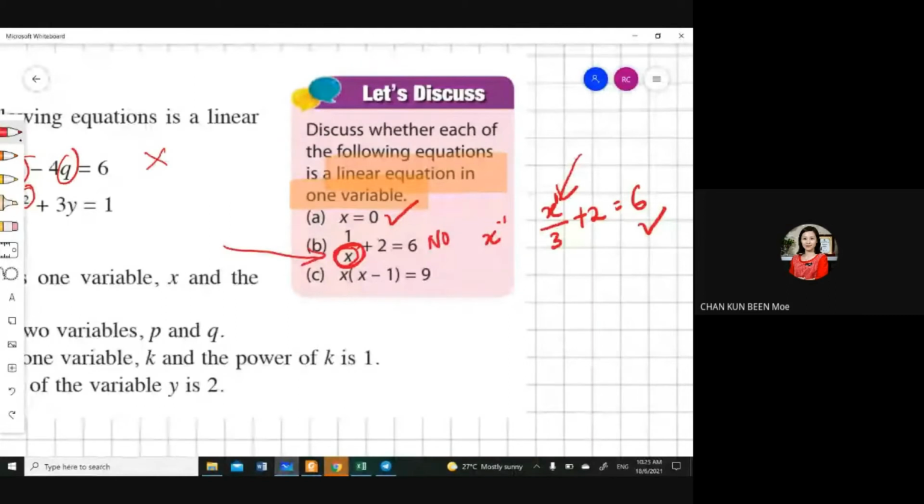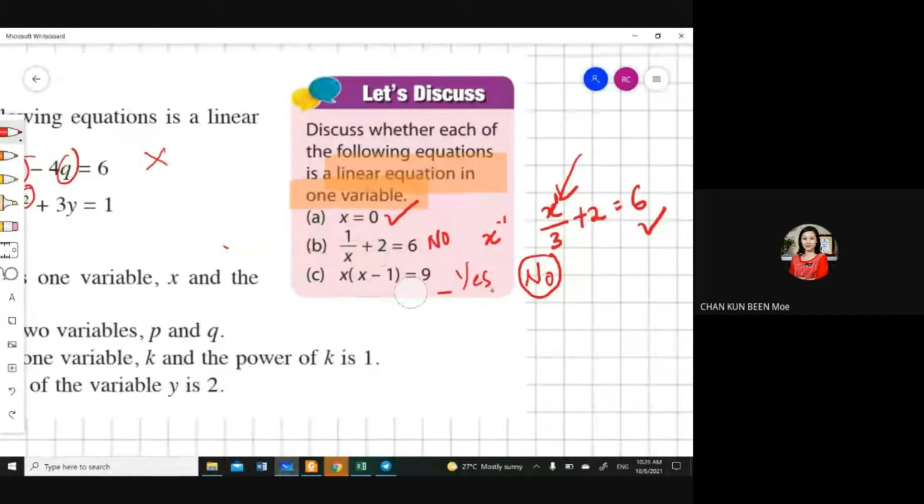Can you remember that? Okay, what about C, class? This one. Is it a linear equation in one variable? Yes or no? Some say yes, right? The answer is no again. Why no? Although it looks like the power is 1 over here, I rub it off so you can see clearer.